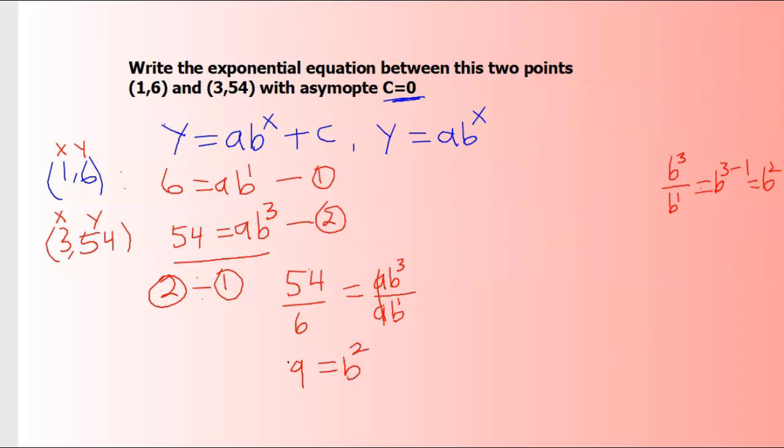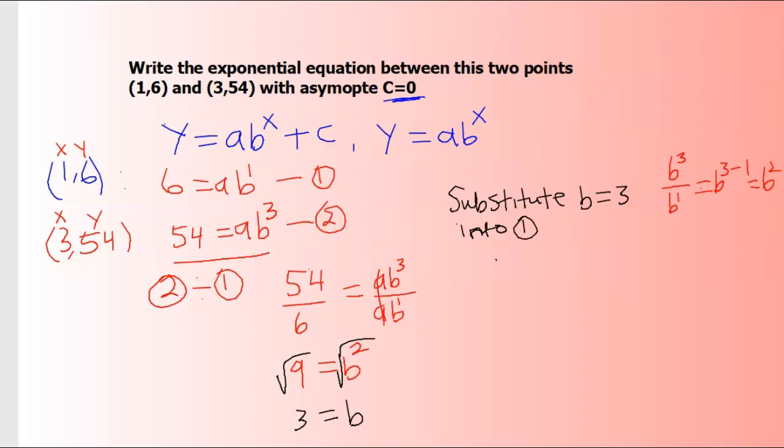Now we are looking for b, so we take a square root here, and we repeat the same thing here. We are looking at only the principal root, so that gives us 3, and that is b. So b is equal to 3. Then we substitute b equals 3 into one of the equations, let's put it in equation 1, that will make it simple.